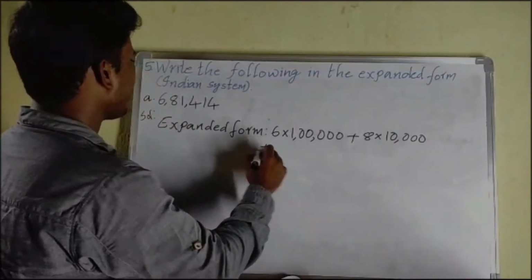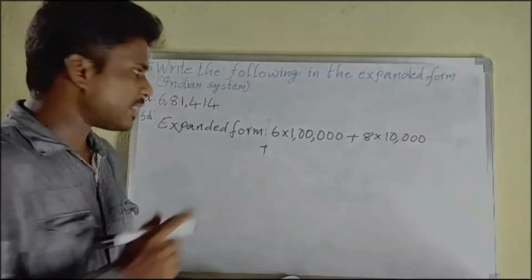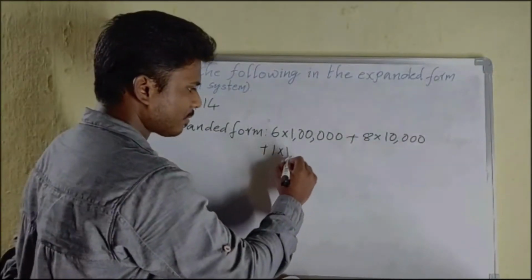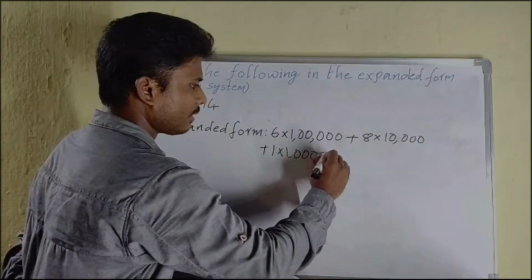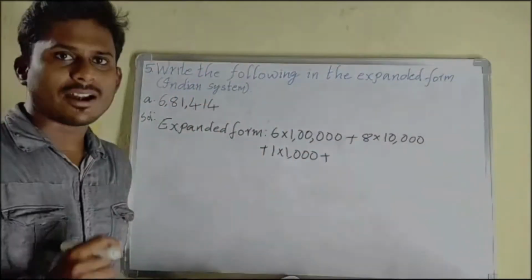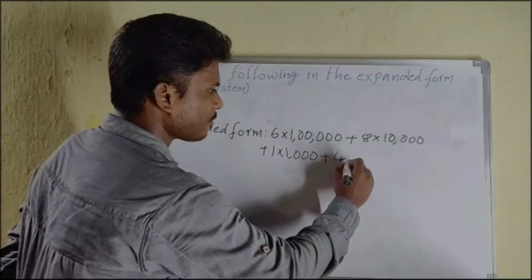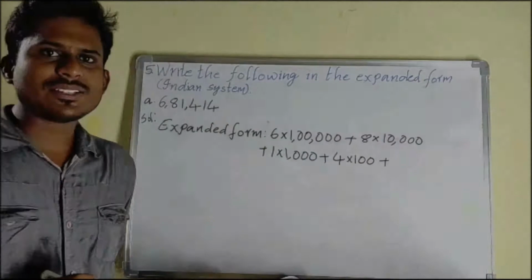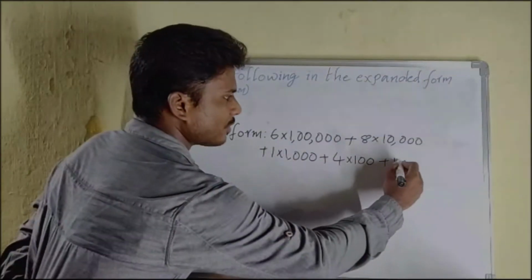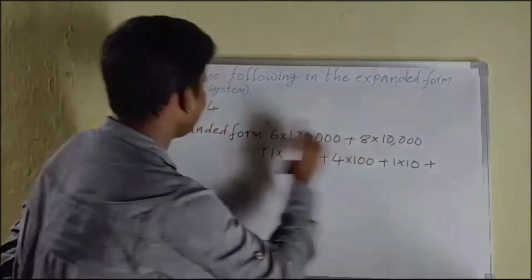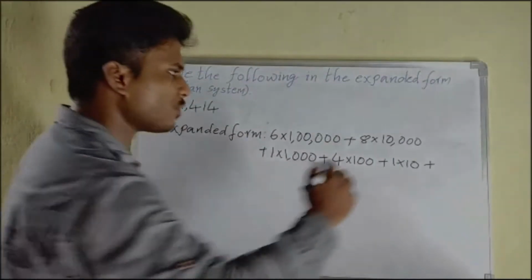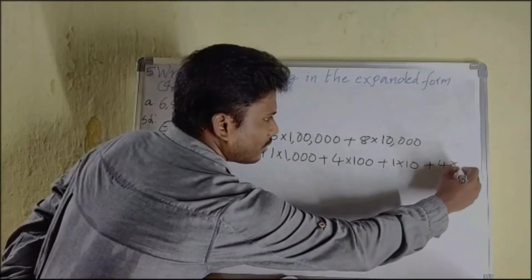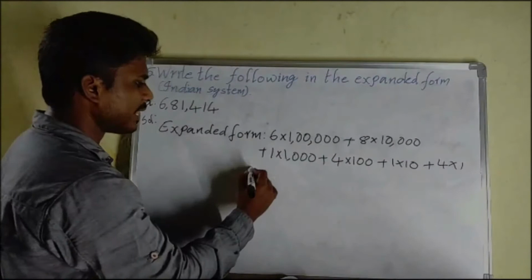Next, plus 1 is in thousands place, so 1 into 1000, plus 4 is in hundreds place, so 4 into 100, plus 1 is in tens place, so 1 into 10, and last 4 is in ones place, so 4 into 1.